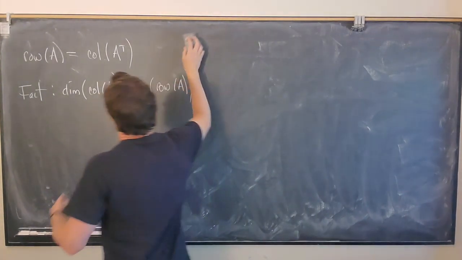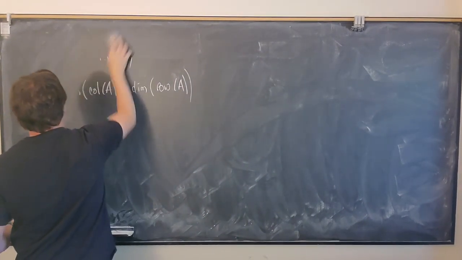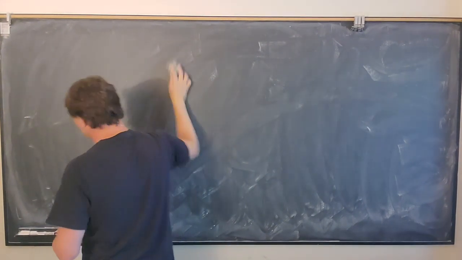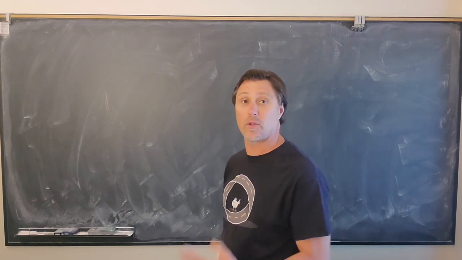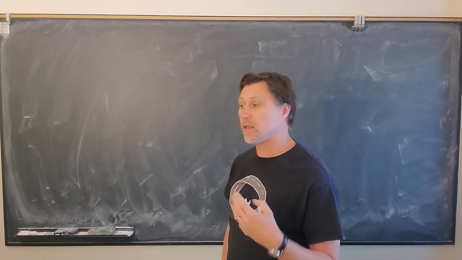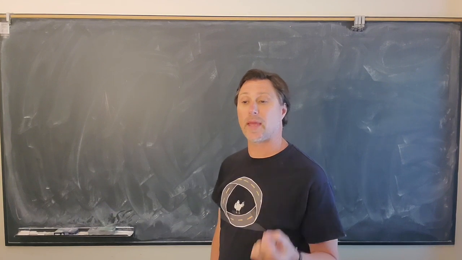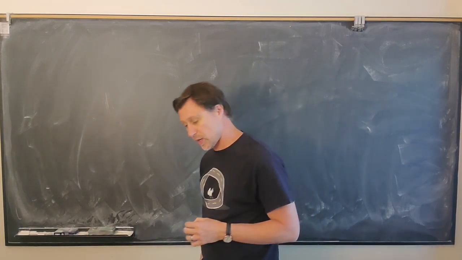So anyways, there's the row space. I really don't emphasize it, but when you read it in the book, you want to know what it means. The row space is just the span of the rows of the matrix. Think of it in terms of column vectors as the span of the columns of A transpose.